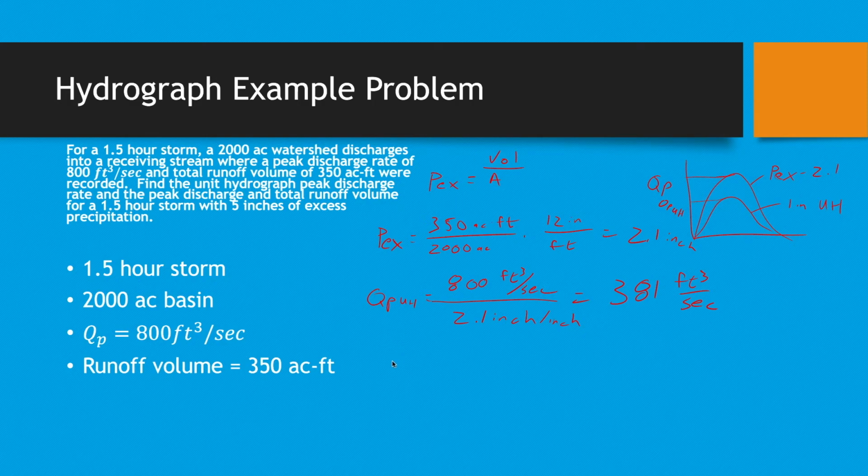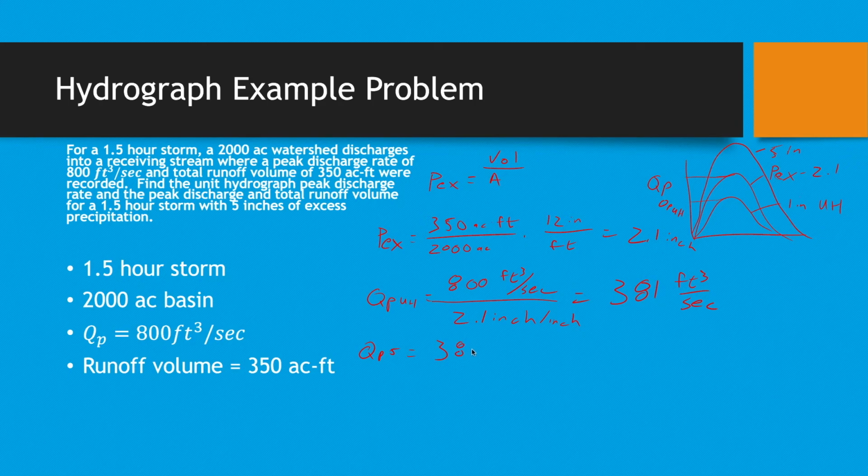That's the whole point of unit hydrographs. They make it really easy to figure this out. If that's 2.1, this is going to be 5, right?